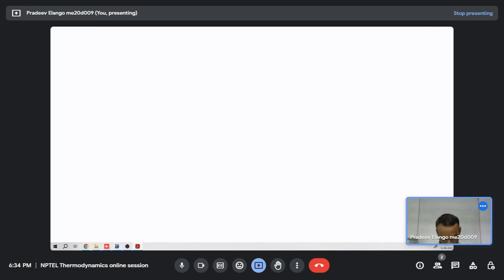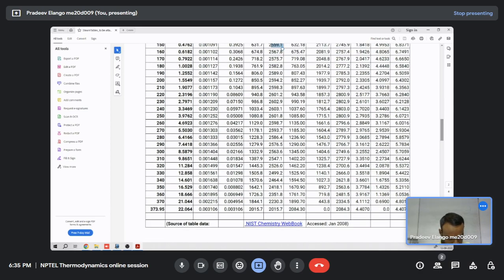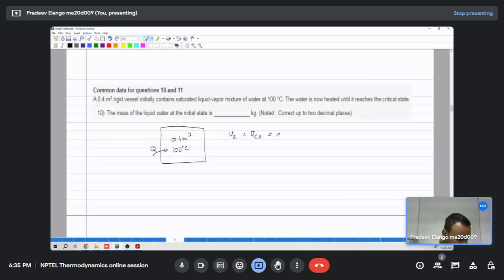So at critical state we have 0.003106 meter cube per kilogram, and this is same as volume 1 because the container is rigid and the volume is not changing while we heat.